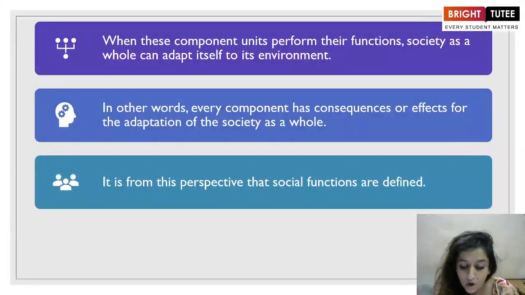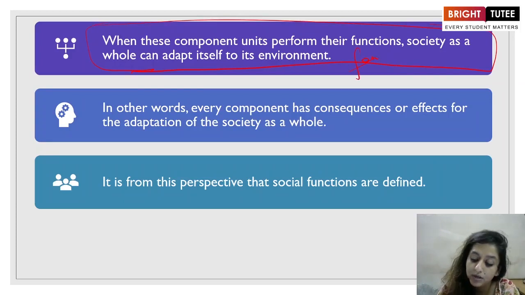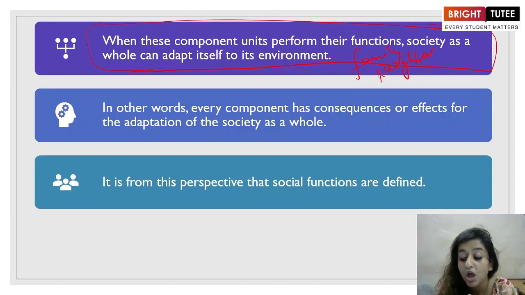Now, when these component units perform their functions, society as a whole can adapt itself to its environment. All of these units, like the family as a unit performing its functions, then the neighborhood as a unit performing its functions, or the schooling and education that has its own and performs its functions.